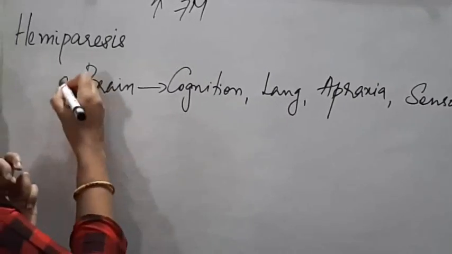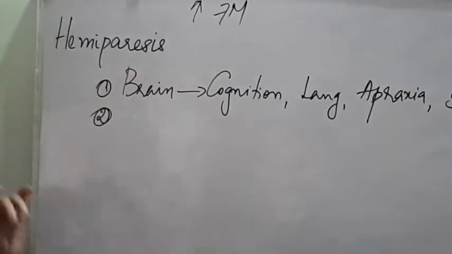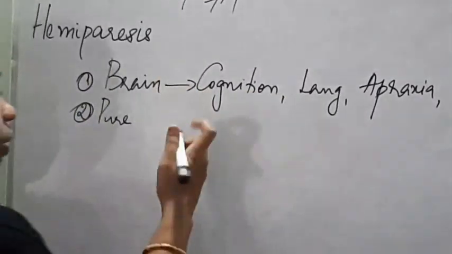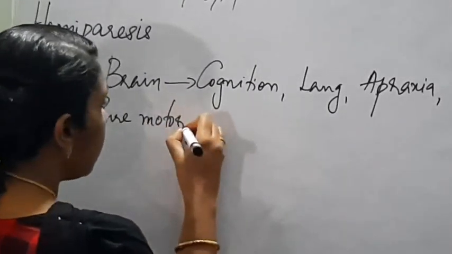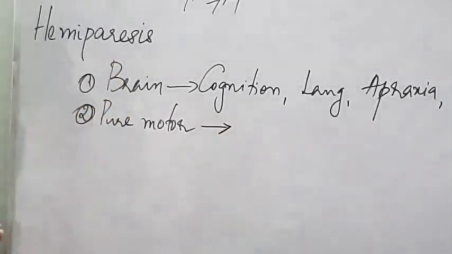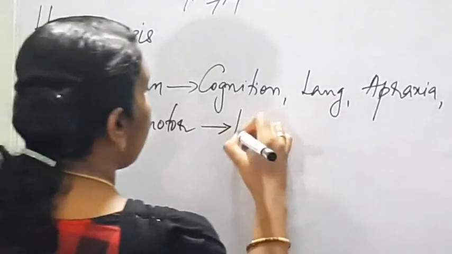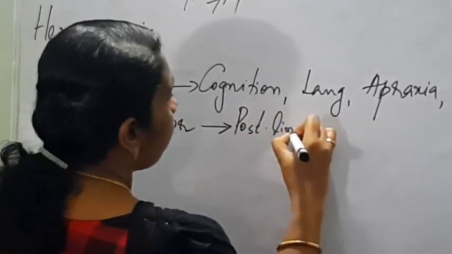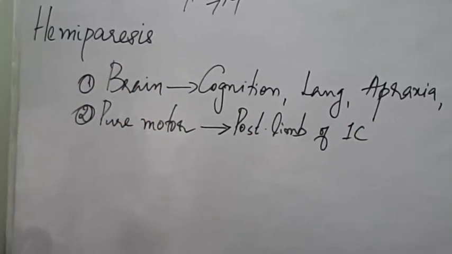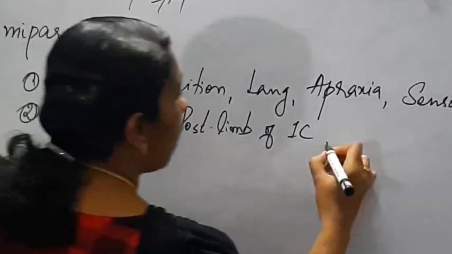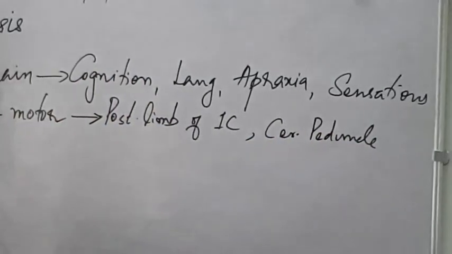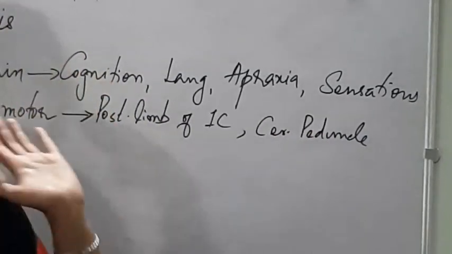You understand? Second, if there is pure motor hemiparesis without any defect in the functions of the brain, that is, without any defect in cognitive function, then the lesion will mostly be in the posterior limb of the internal capsule or in the cerebral peduncle, which is concerned with the motor functions of the brain.